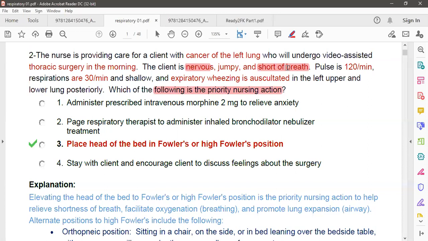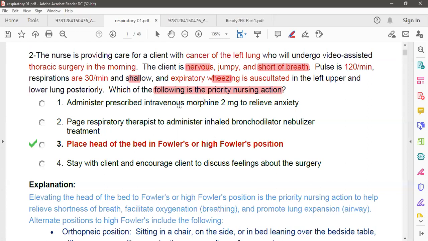They will be nervous, right? On examination, we get tachycardia, tachypnea, and shallow respiration. Wheezing is there, meaning bronchoconstriction. So what are the priorities?